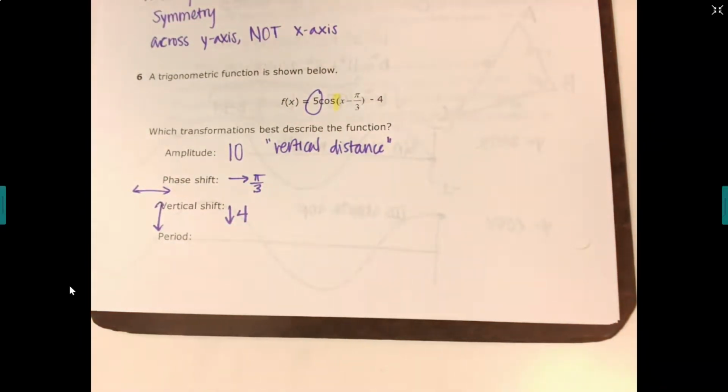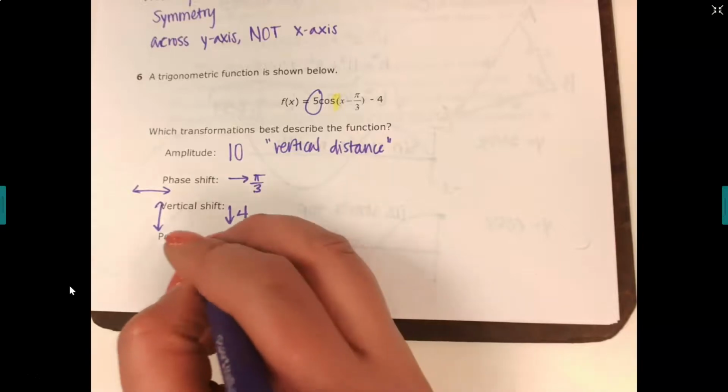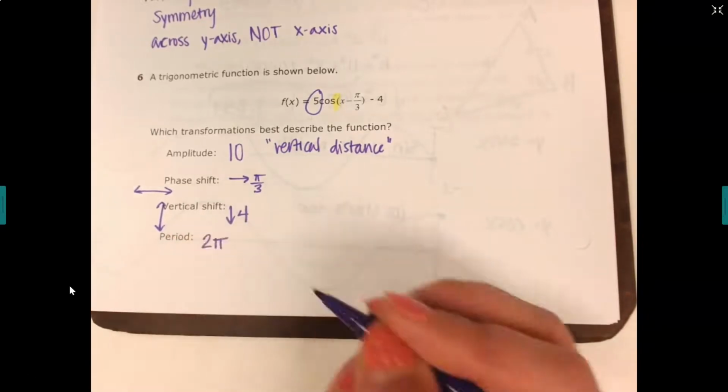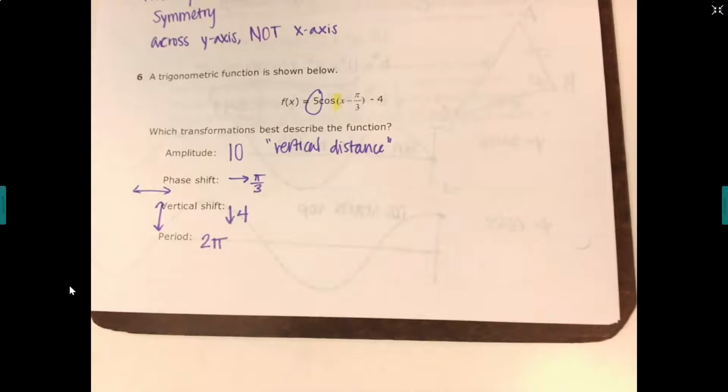What's the regular period for sine and for cosine? 2 pi. Remember 1 is the regular vertical stretch and shrink number. But for a period, for sine or cosine, it's 2 pi, or 360 degrees. What is it for every other function? Do you remember? 1 pi.